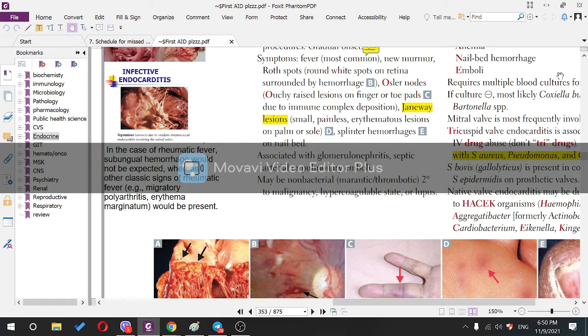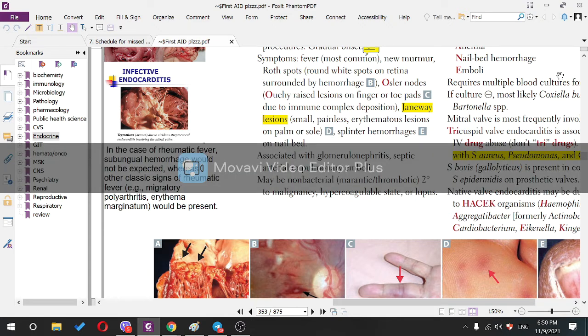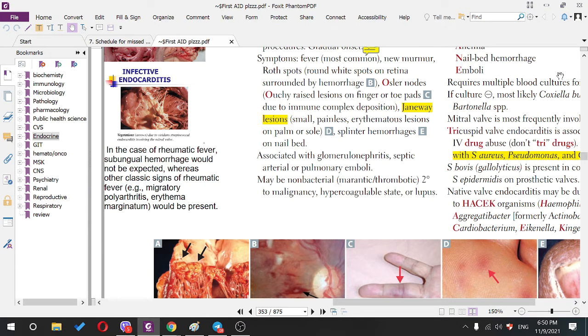For example, if we speak about endocarditis, it has a high association with glomerulonephritis. How come? There are multiple ways you can have glomerulonephritis. It could be due to the bacteria itself, or it could be secondary to the septic emboli inside of the body. But most likely it will be from the bacteria itself. Okay?